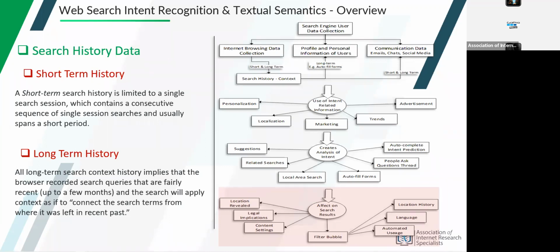A long-term history means that the browser recorded search queries that are fairly recent, and the search will apply context to connect the search terms from where it was left in the recent past. There is no definite time frame, but long-term history, as I told you, has two dimensions.